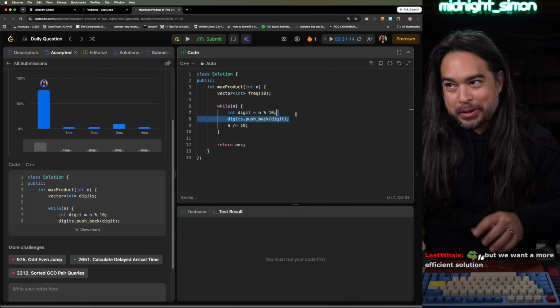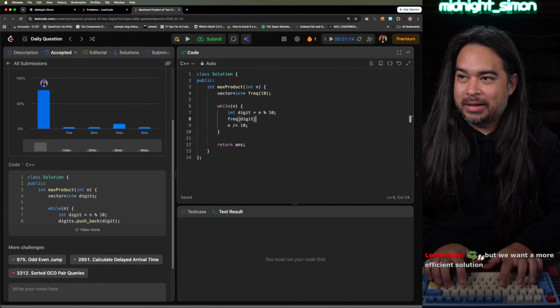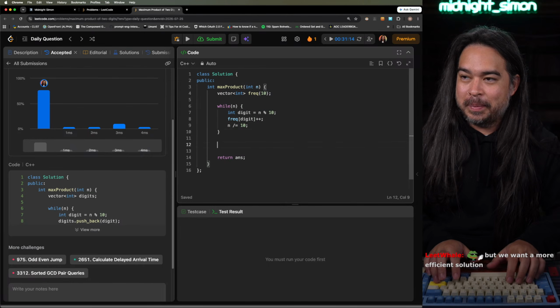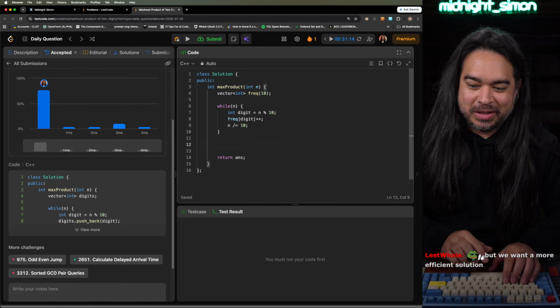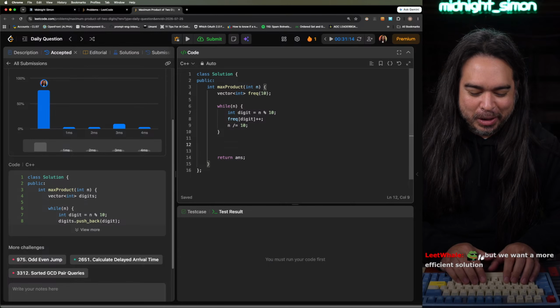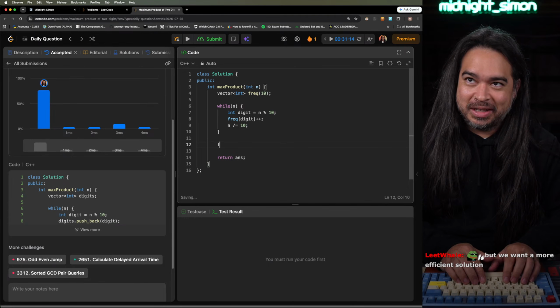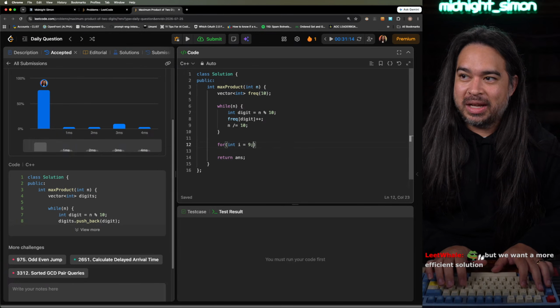So instead of pushing back, what I'll do is increment that frequency, and then maybe I want to just iterate. I don't know how to do this part, man. I'm trying to say from i equals to 9.